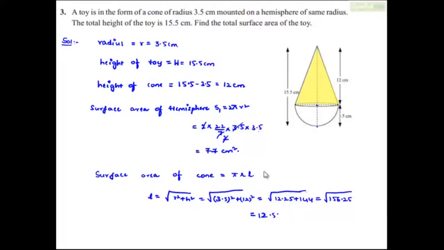Now let the surface area of the cone be S2. Here S2 is equal to pi, that is 22 by 7, into radius 3.5 into 12.5. Here 3.5 goes in 7 2 times, and 2 goes in 22 11 times, and 11 times 12.5 is 137.5 centimeters square.